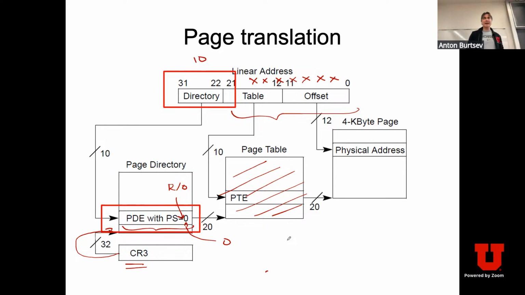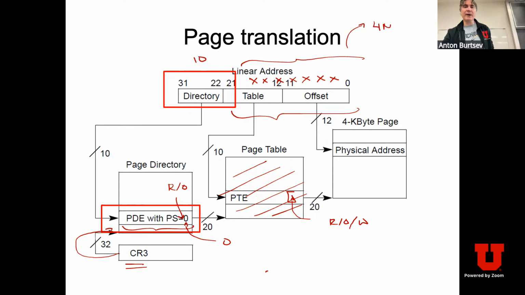So the hardware blindly follows the translation mechanism, and as we will see in a second, the second level also has a read-only or writable flag, but you can terminate it early. The range of those addresses is 4 megabytes. The entire 4 megabytes are mapped as read-only.